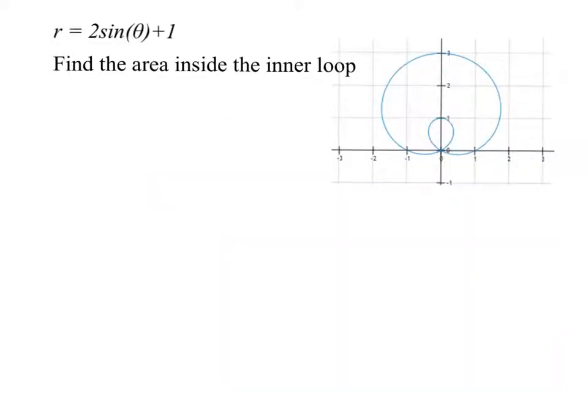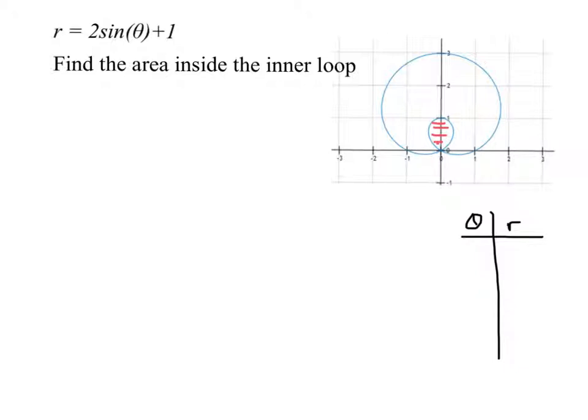In this one, we're going to find the area inside the inner loop. So we just want this piece right in here. One way to start thinking about this is to think about the way we did our graphs the other day. We would say theta, and we'd have r, because it's not a bad idea to feel out where the graph begins and ends.